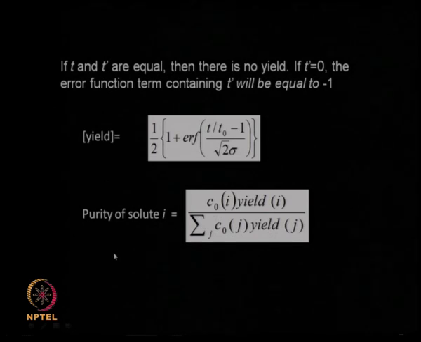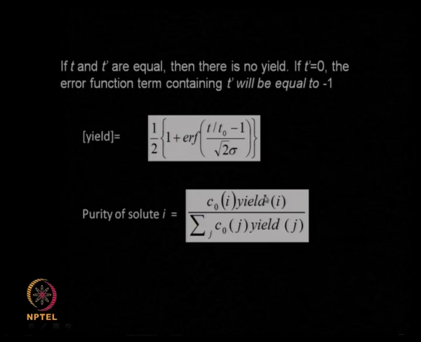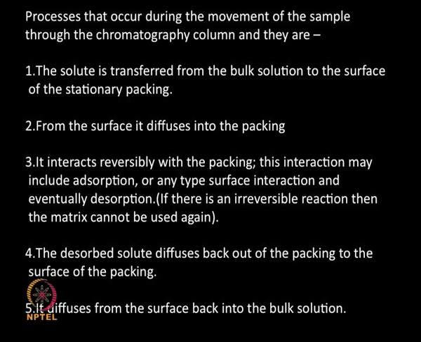That means if there are n proteins, I will have n terms like that all added up together. So that is called the purity, and as I said, if my window of collection is very short, I am going to get more pure protein, but my yield will keep going down. If the window of collection is very large, the yield will be large, but the purity will be going down. So I need to strike a balance, that is how I need to work actually.